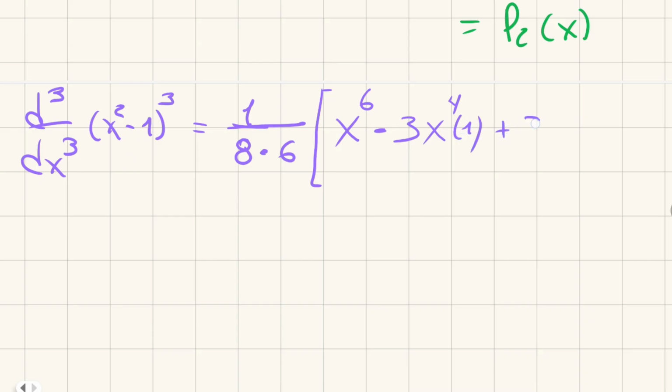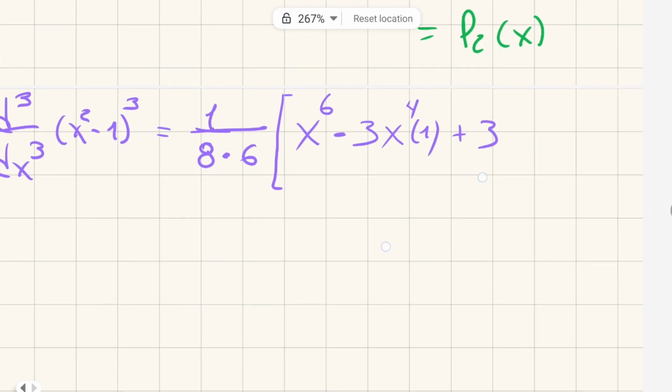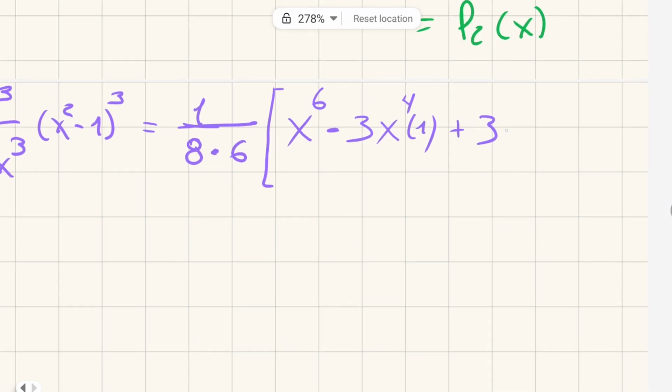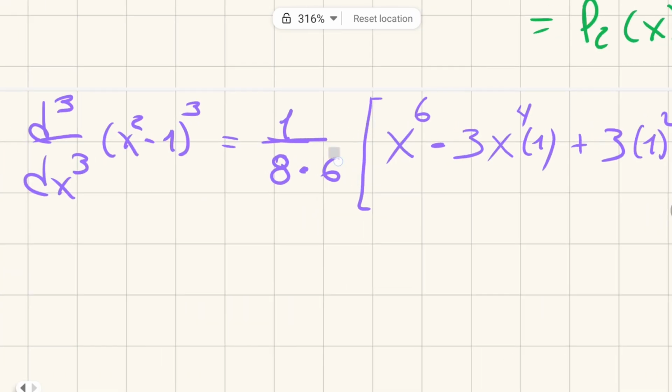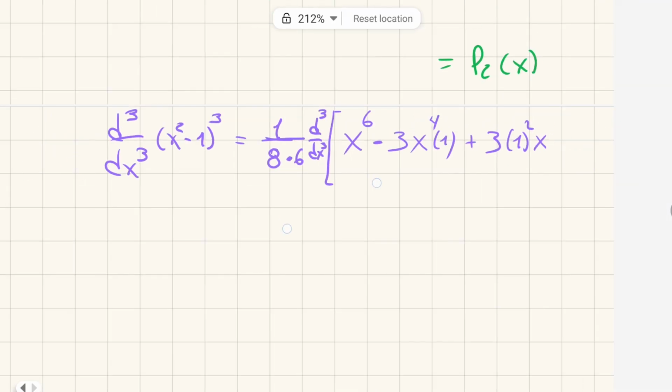And then plus 3 times the second element raised to the 2nd power, which is 1 squared, times the first element, and then minus 1 to the 3rd power, right? So yeah, we need to take the derivative with respect to x 3 times.